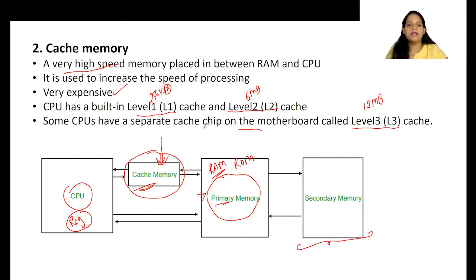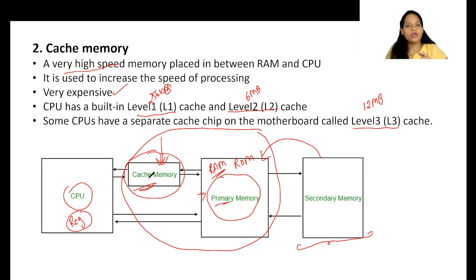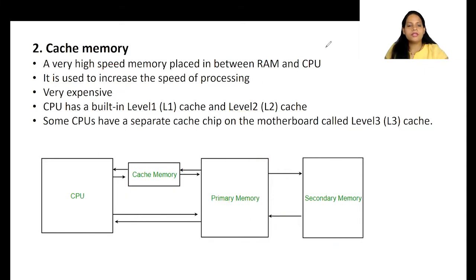If the data required by the CPU is not available in any of these, then it is accessed from the secondary memory. So cache memory is important in order to increase the speed of the processing. They are also very expensive. There are three types, L1, L2 and L3. Clear? So this is the second type of internal memory we saw.